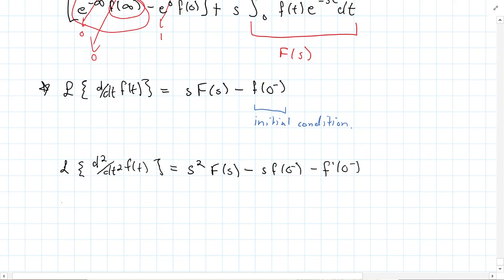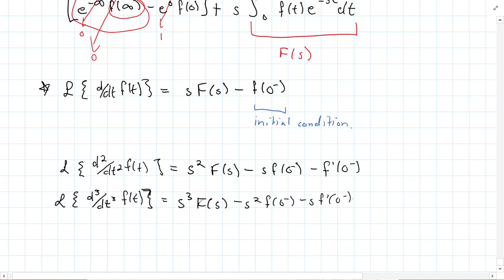Now, I'm going to write one more down here, and as I'm writing this down, you should think in your head what the answer should be. You should be able to see the pattern at this point and know what the answer of this is going to be. It's going to be s cubed F at s minus s squared f at 0 minus s f prime at 0 minus f double prime at 0.